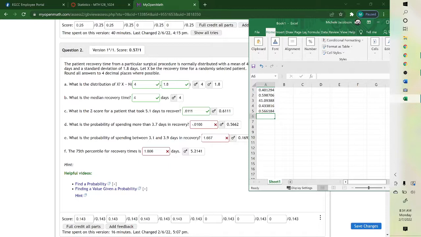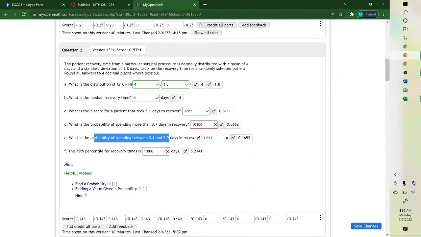And the next one is going between two values. The probability of spending between 3.1 and 3.9 days in recovery. So if we do 3.9, it's going to give us from 3.9 and below. But we want between these two values.